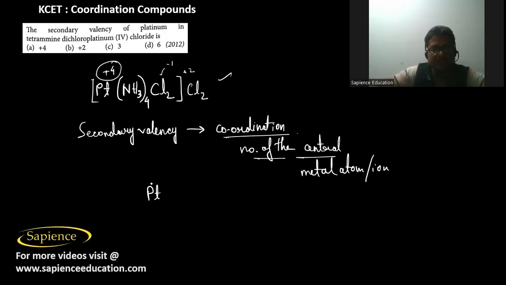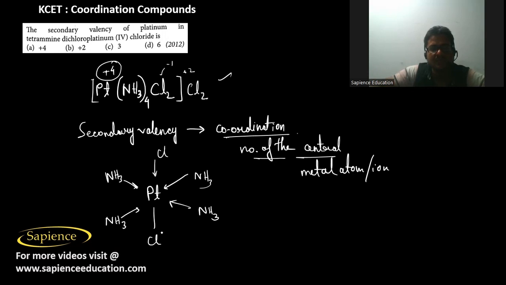Here Pt is linked with 4 ammonia groups, and 2 chloride ligands are here. So the net charge is +2 here, and its coordination number is 6.